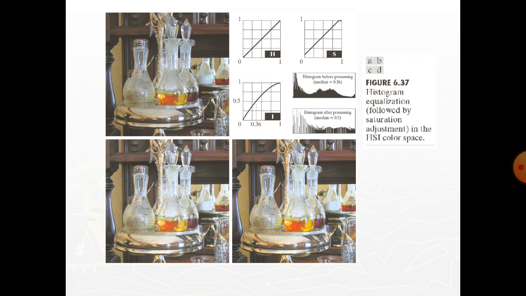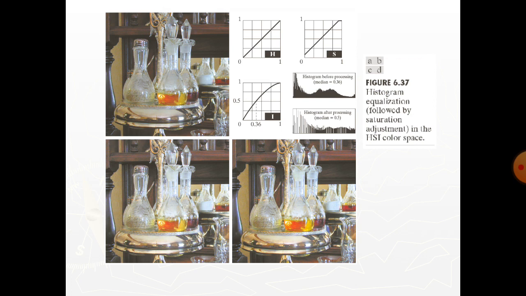As might be expected, it is generally unwise to histogram equalize the components of a color image independently. This results in erroneous color. A more logical approach is to spread the color intensity uniformly, leaving the colors themselves, for example hues, unchanged.